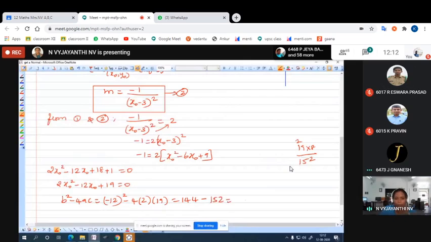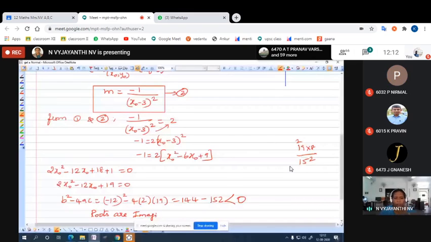So it is less than 0, no? So the roots are imaginary. So we will get x naught as what?